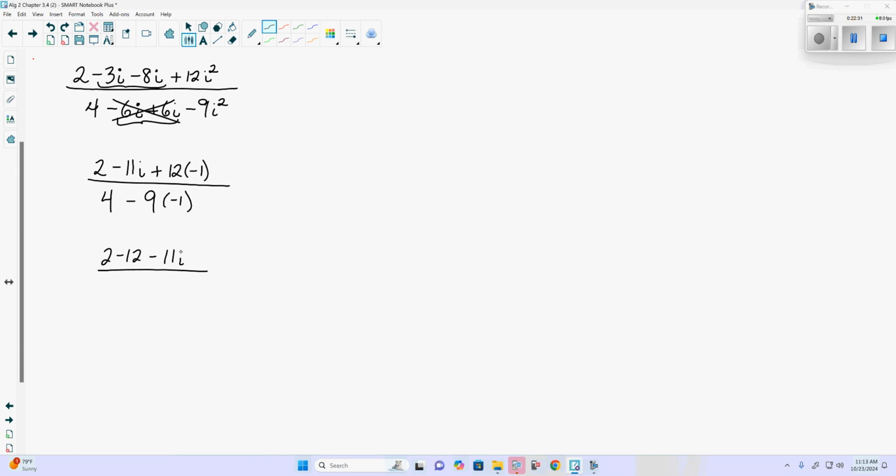So our 2 times negative 1 is, well, negative 12. And I'm just moving it in front of the i term so we have our real numbers next to each other. On bottom, negative 9 times negative 3, or 2 minus 3i. How is that negative?